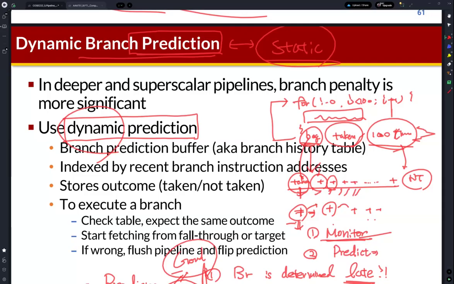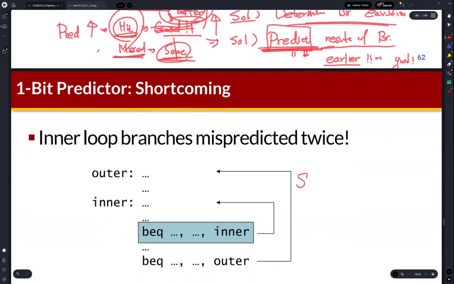What is the result of a branch instruction? Taken or not taken. So we can select the result of a branch instruction from taken or not taken. Okay, so this is the dynamic branch prediction.